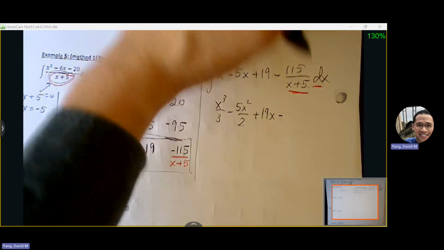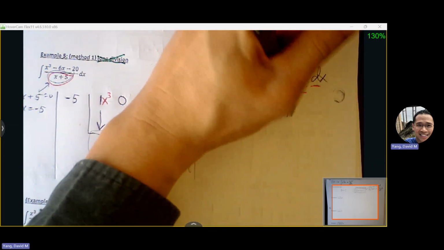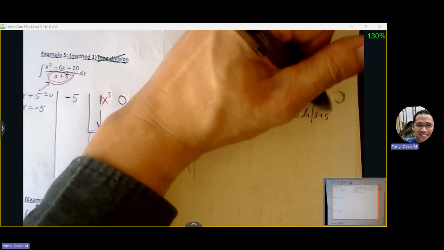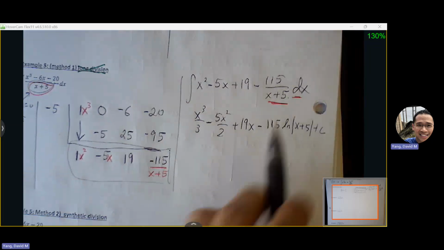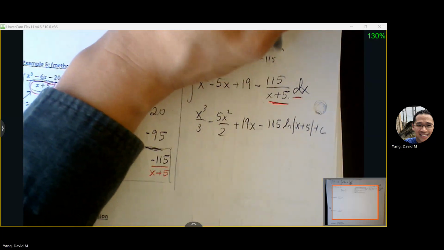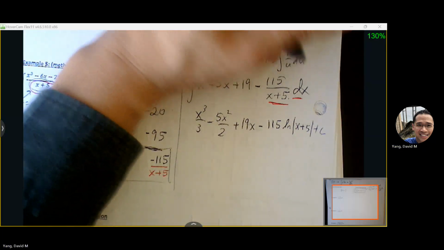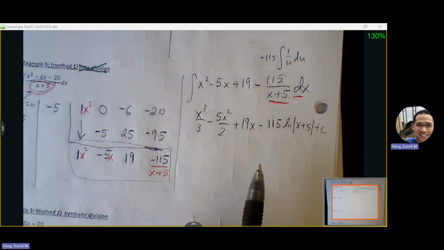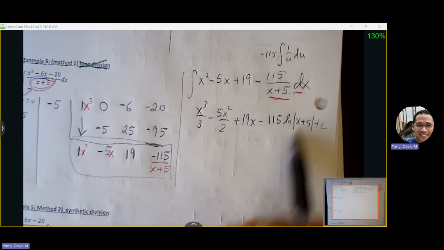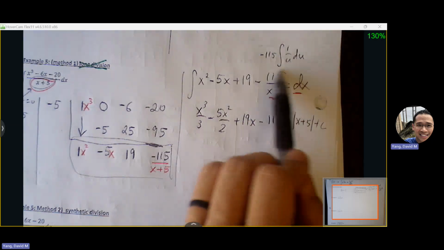And this is basically 115 is the coefficient, and natural log absolute value of x plus 5 plus c, because this ends up being 1 over u du. So I think it's just easier if we recognize this as natural log and just jump directly to this without having to go through a full u-substitution.